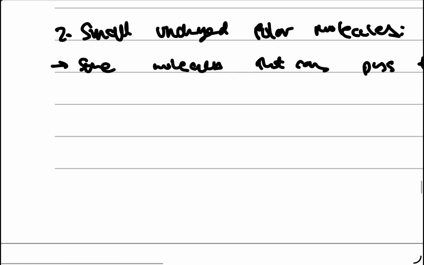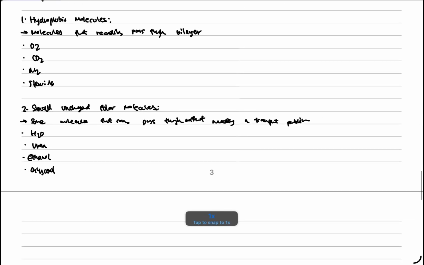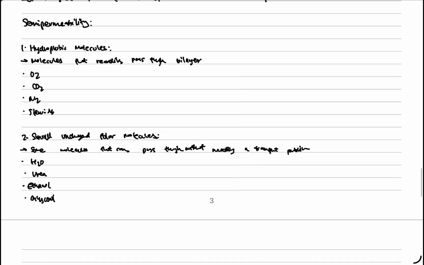These are just so tiny, and they're also uncharged, so they don't really need anything to get them through. Examples are water, urea, ethanol, so alcohol, and glycerol as well. So they're so tiny and so uncharged, they can just get through. You don't need to really even have anything.